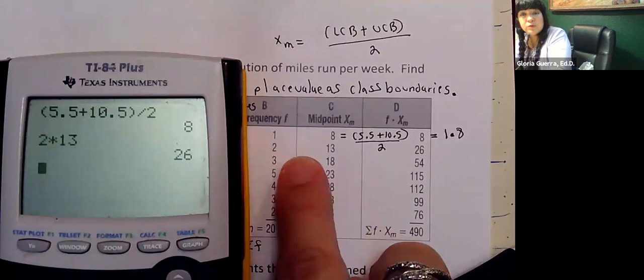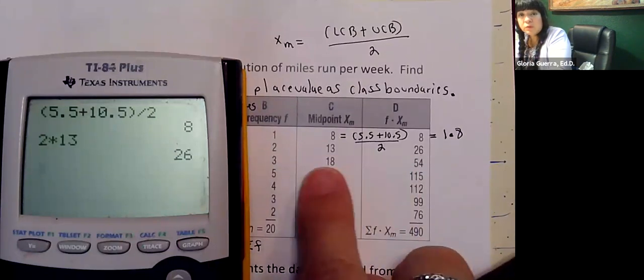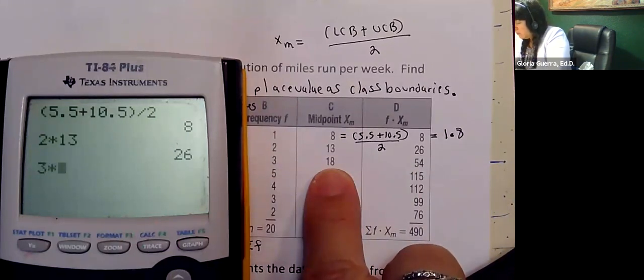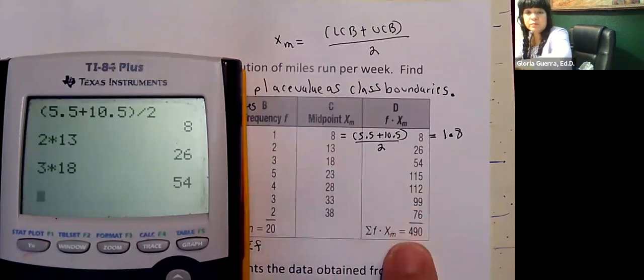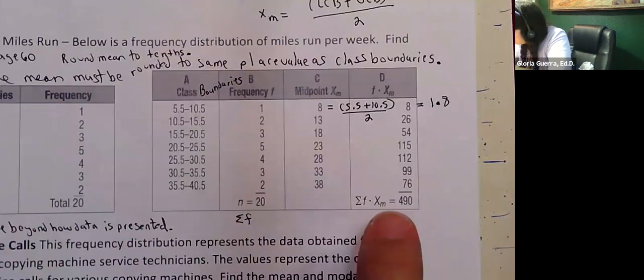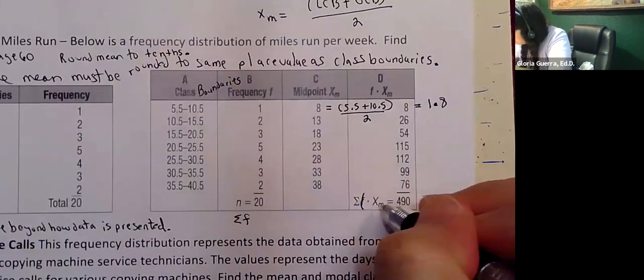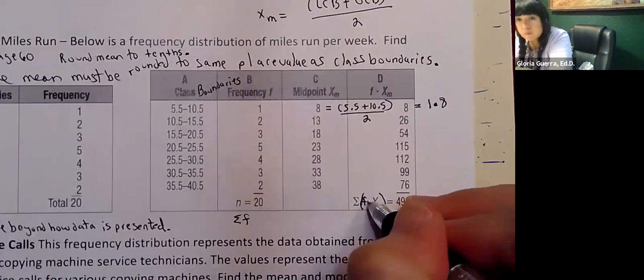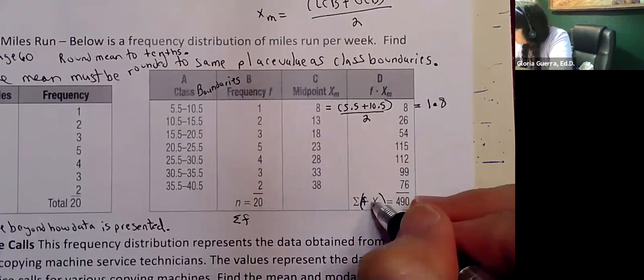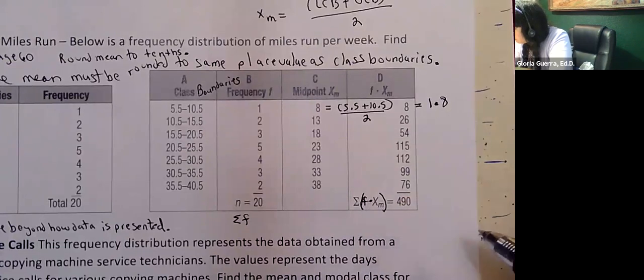So 2 times 13 is 26. 3 times 18 is 54. Okay, and then they added all those up. And I'm going to put parentheses around here. And when they added those up, they got a total of 490.